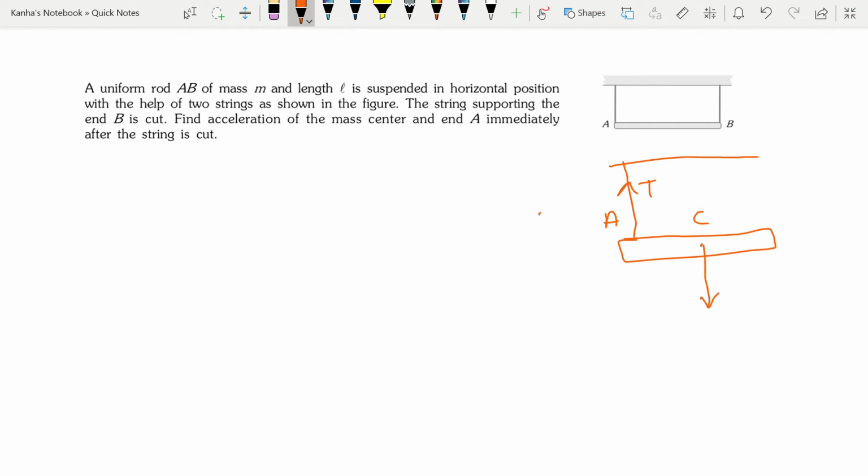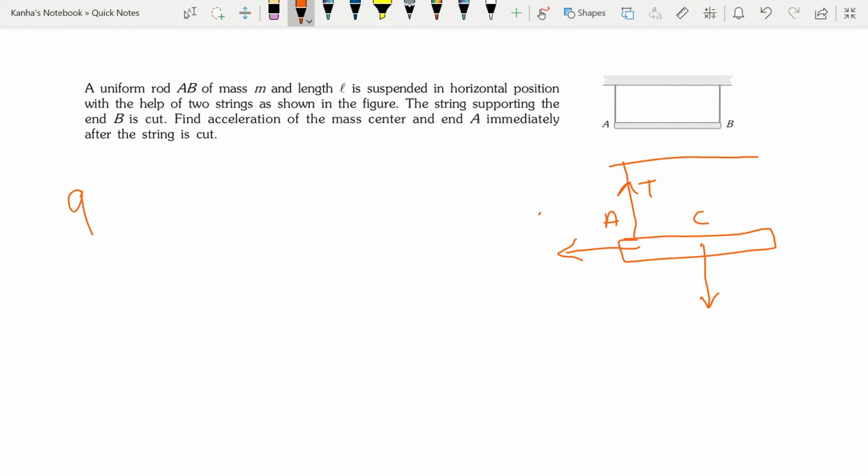By intuition also you can say that my point A can only move in the horizontal direction. Now let me call the acceleration of the center of mass, which is going downwards, AC, and the acceleration of the point A as AA. Now I need to apply the relative motion equations.